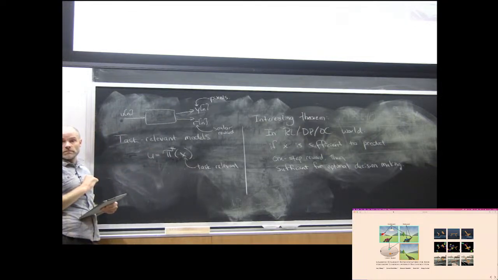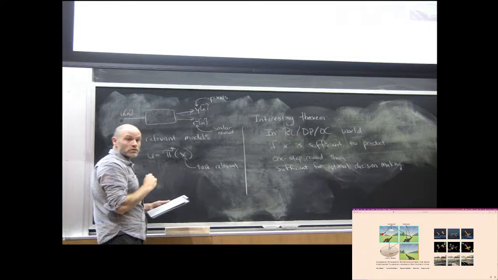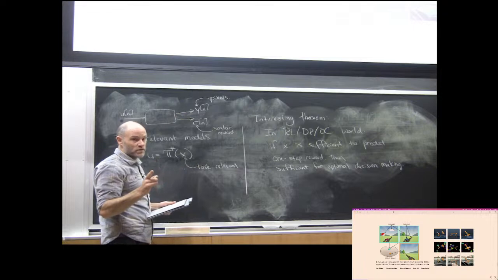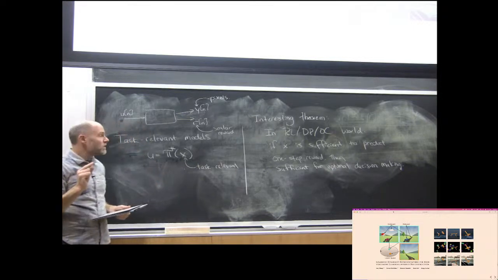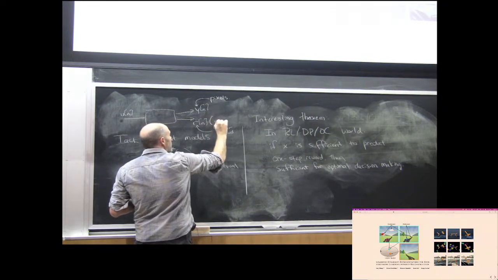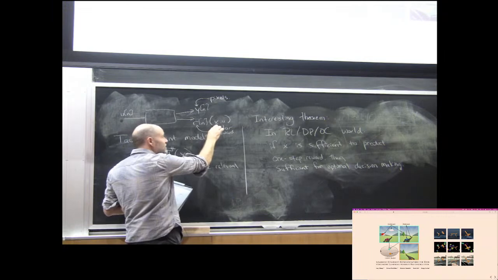Is reward a function of X or a function of X and U? The reward is a function of X and U in general, yeah. So Leroy says, well, since reward is a function of X and U, then that doesn't seem surprising. But X is high dimensional.